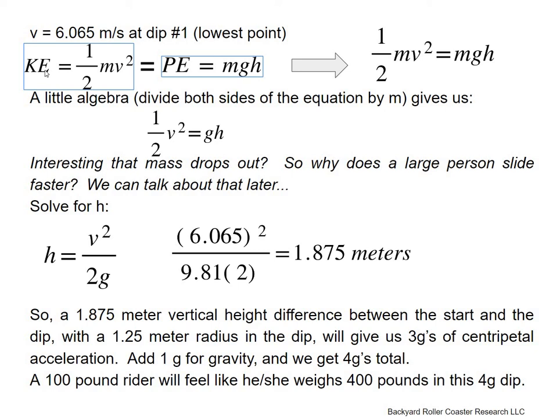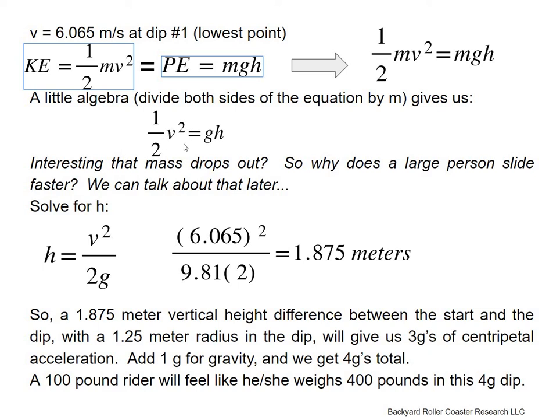We know how much kinetic energy that is. What if that's equal to the potential energy, and that equals mgh? So we come up with this equation. Kinetic energy equals potential energy. We do some algebra. We divide by m, mass, on both sides. We get this equation. Interesting that mass drops out.